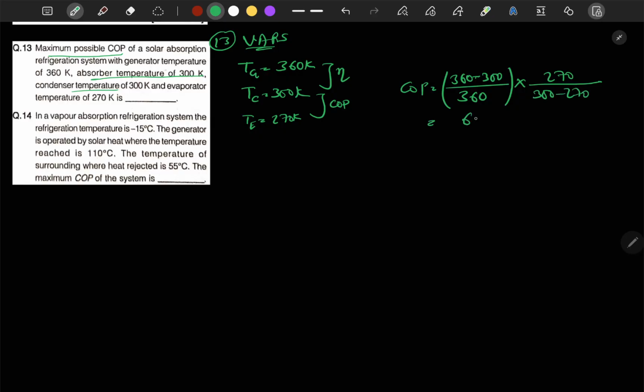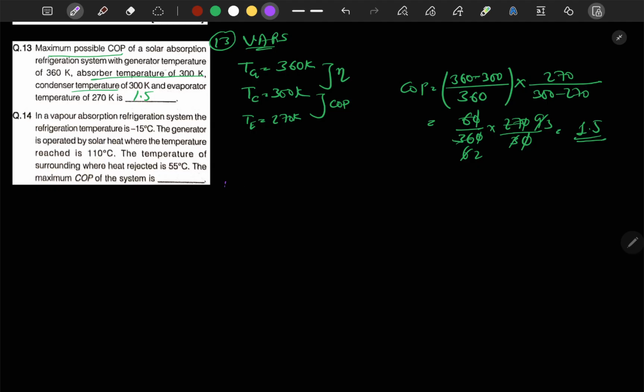So we get 1.5 as the COP of the system. Okay, we get the answer equal to 1.5.